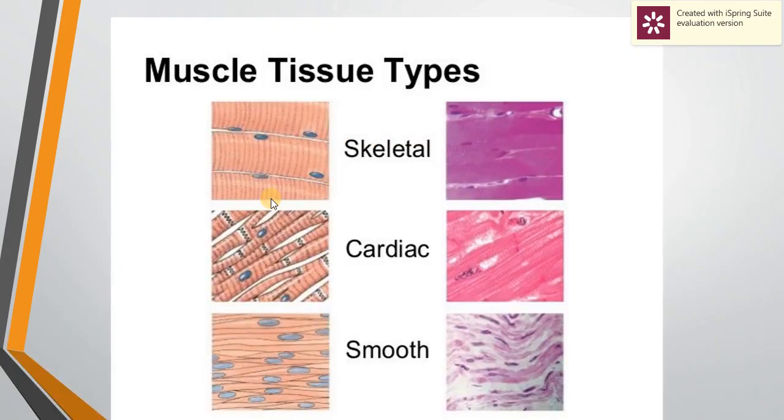Now we can see the different types of muscle tissue: skeletal, cardiac, and smooth, and how they are different. Here we have striation but no intercalated disc. Here we have intercalated disc and striation, so it is cardiac, and the smooth one has no striation and no intercalated disc.